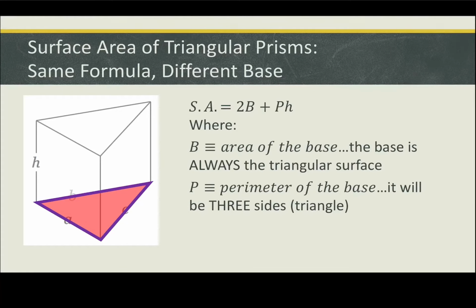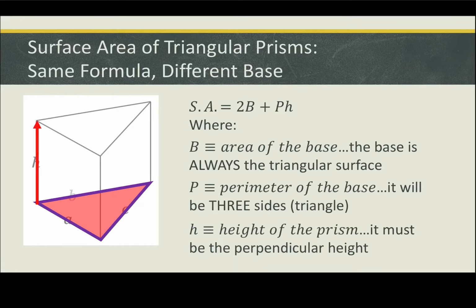The perimeter, represented by capital P, of the base will be a 3-sided triangle. Again, the height of the prism has to be perpendicular. So really you can see the only thing that's changed is instead of a rectangle, we have a triangle. And this is the difference in how we're going to calculate.